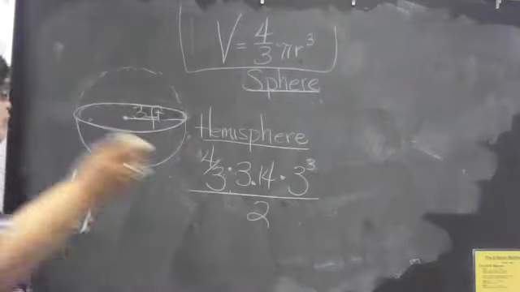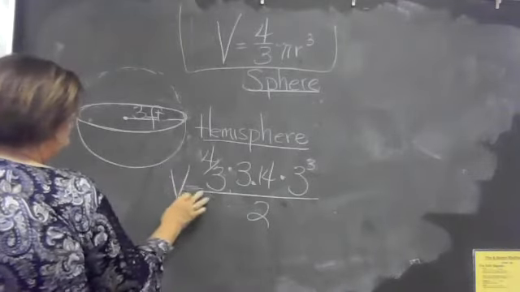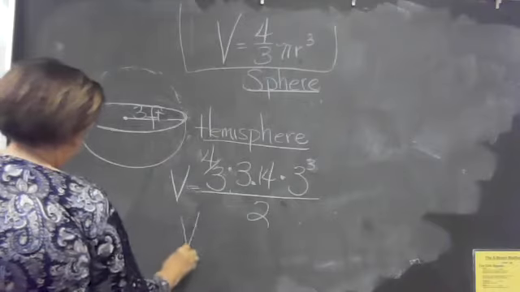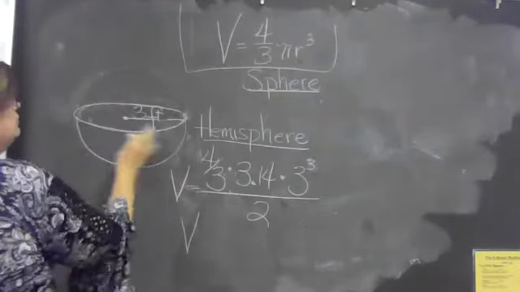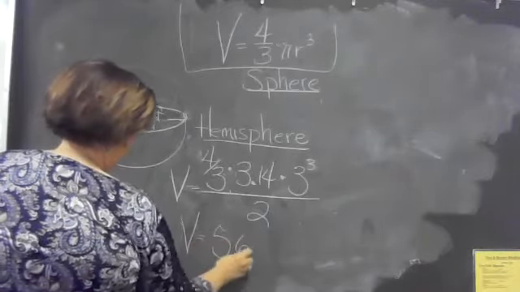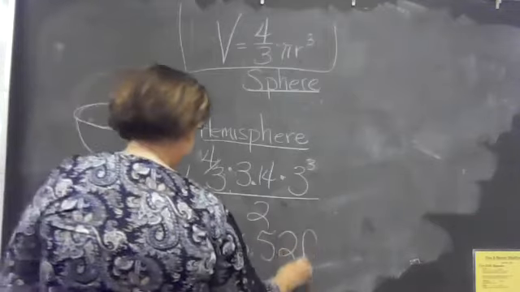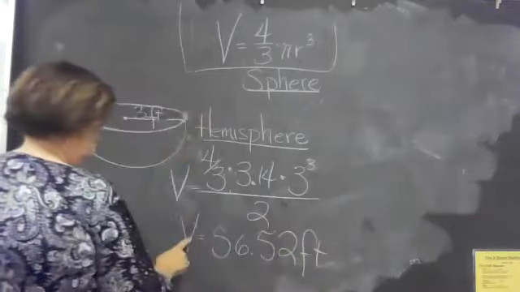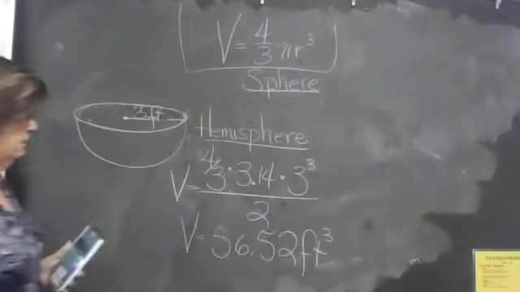We did great. So if we do all of this calculation, we should have that the volume of the hemisphere, now that we divided it by 2, is 56.52 feet. And since it's volume, it'll be feet cubed.